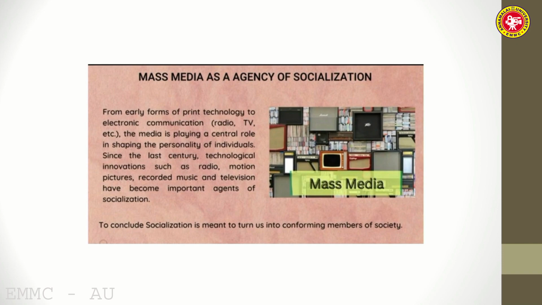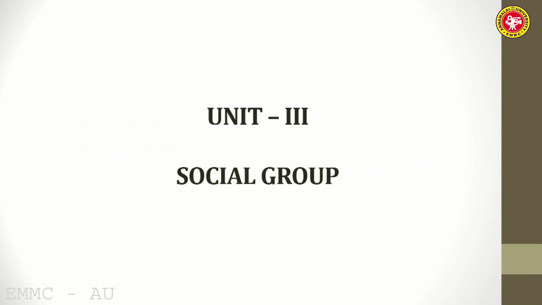Since the last century, technological innovations such as radio, motion pictures, recorded music and television have become important agents of socialization. To conclude, socialization is meant to turn us into conforming members of society.